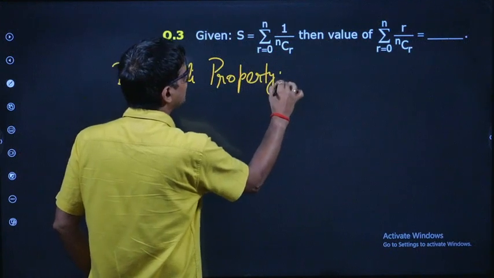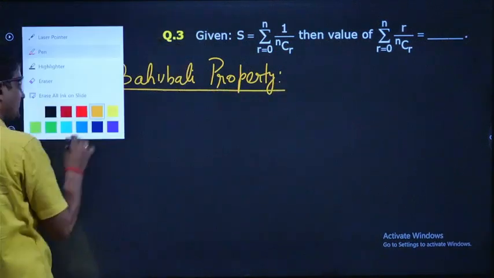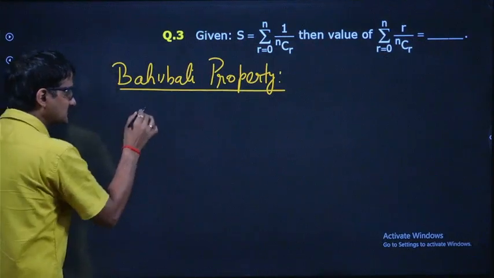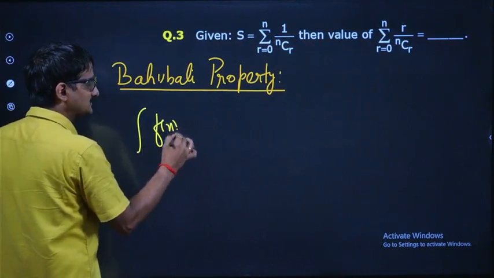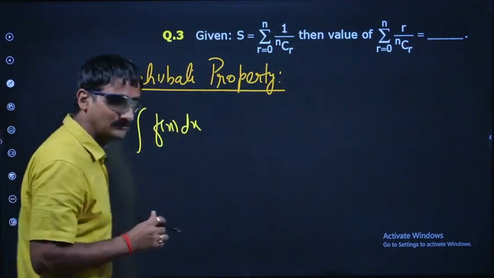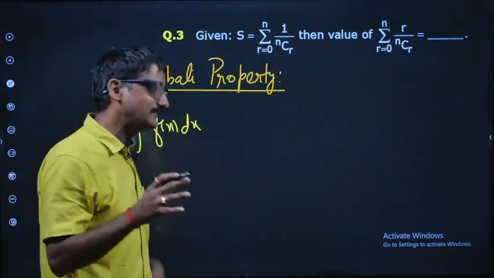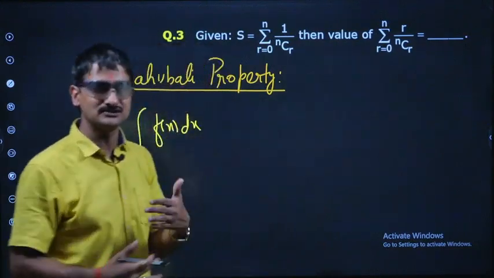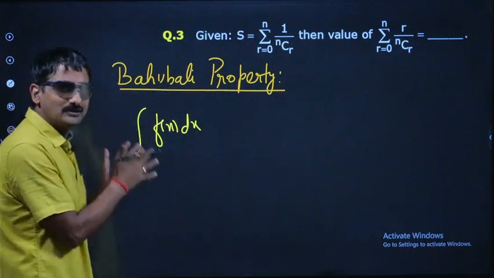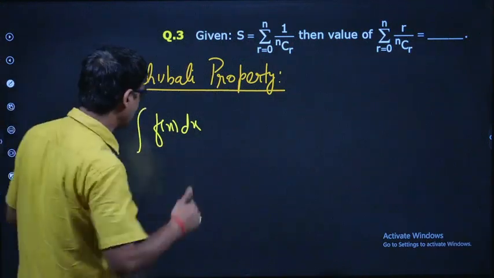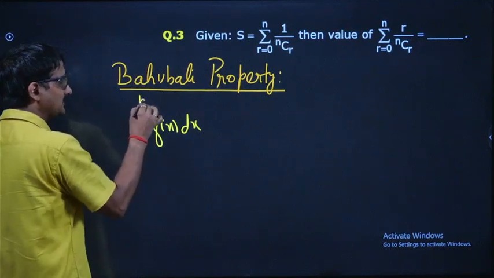Okay, so when you will be solving the questions of definite integral, there's a property which says that integral of f of x dx, and the students who are in the 11th class might not be knowing it, but still I will discuss it with respect to the summation series also. But let's look at it first for definite integration. It is like a to b integral f x dx.